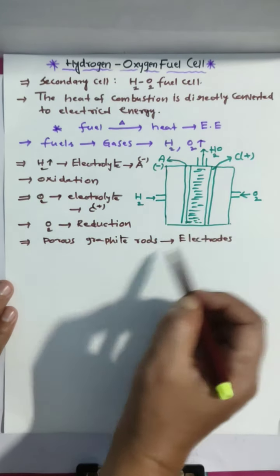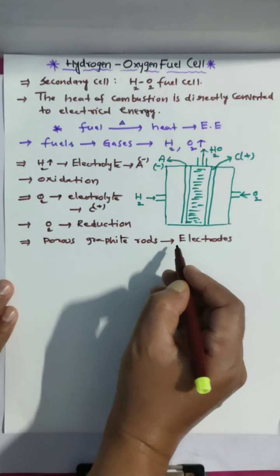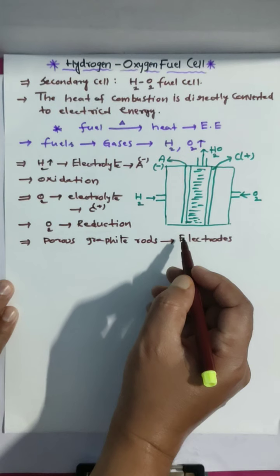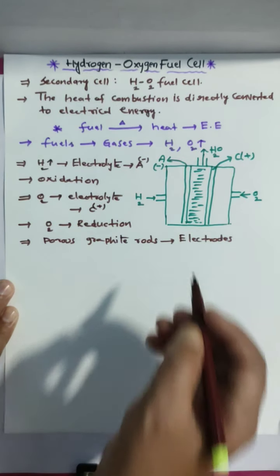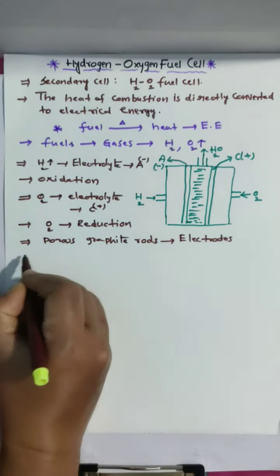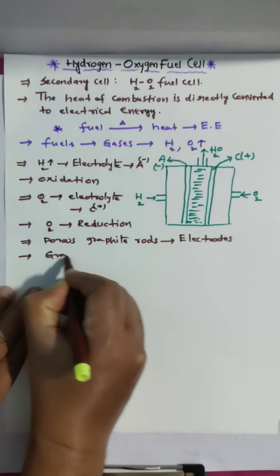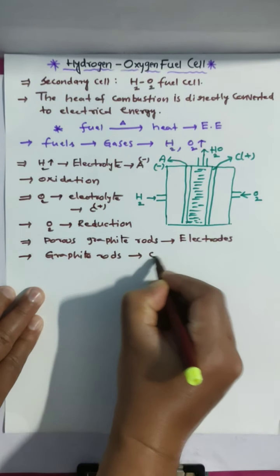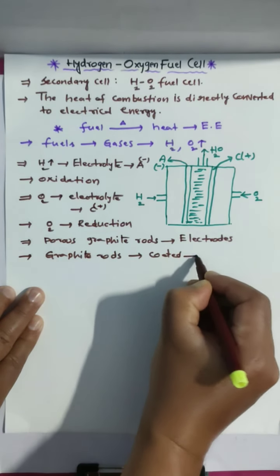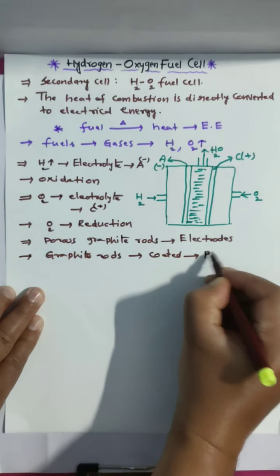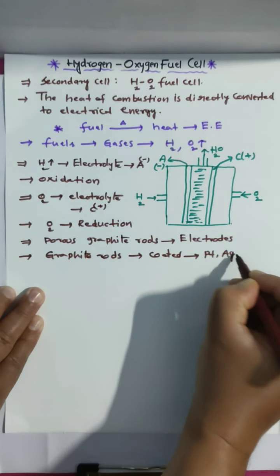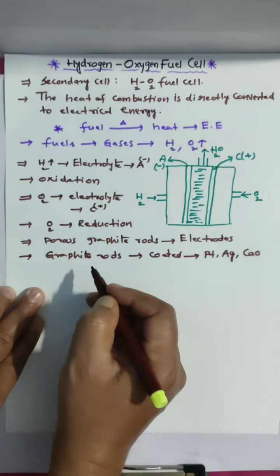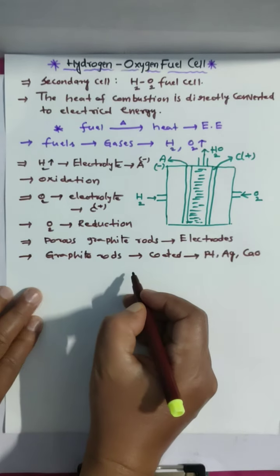These graphite rods are coated with platinum or silver, even with CaO also, which act as catalyst.